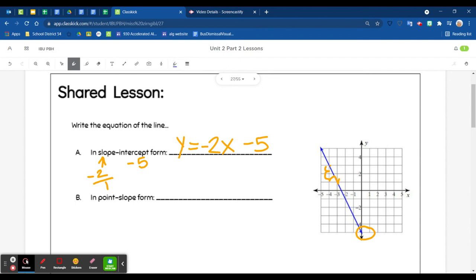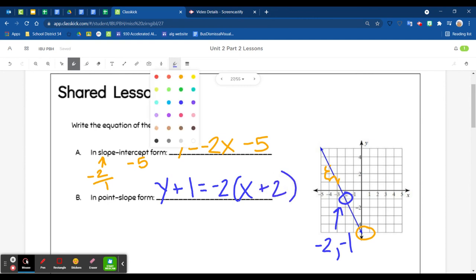For point-slope form, let's just pick a point. Looks like I have negative 2, negative 1 for that. So y minus y1, or minus negative 1, is going to cause me to add, equals negative 2 times x. Again, minus x1, or negative 2, is going to also cause me to add.